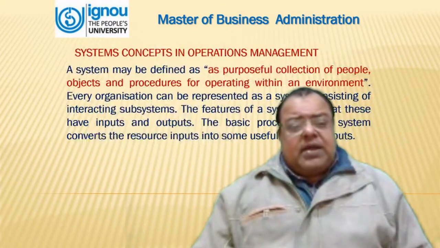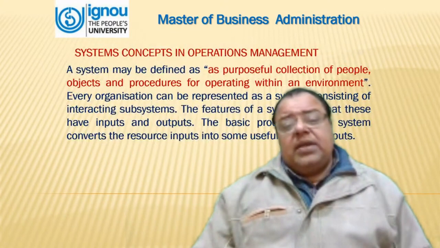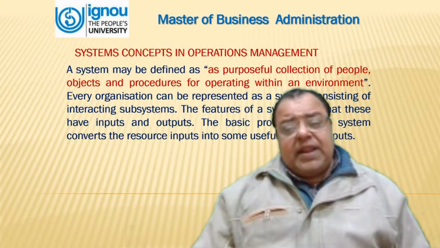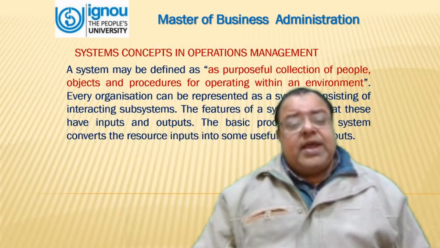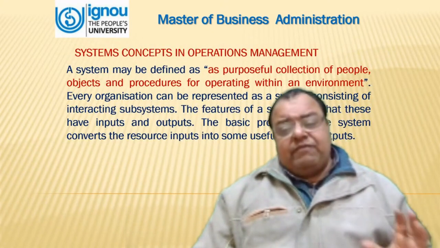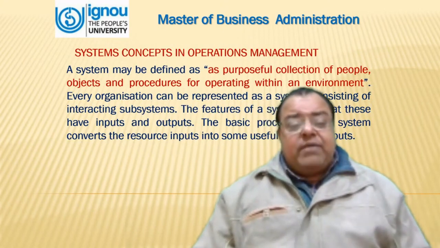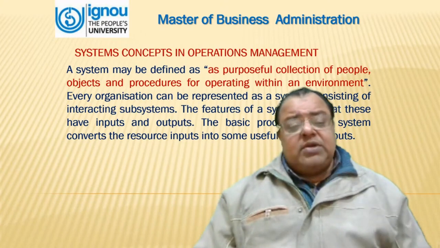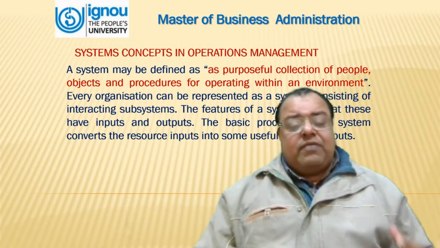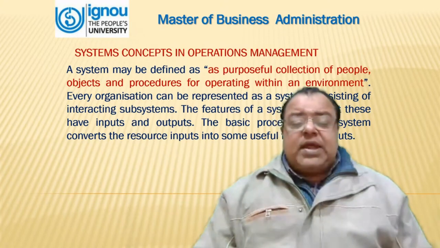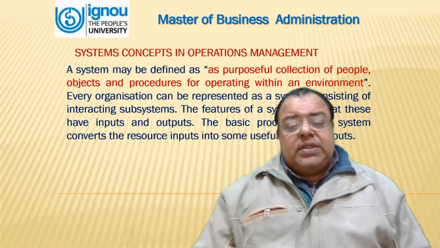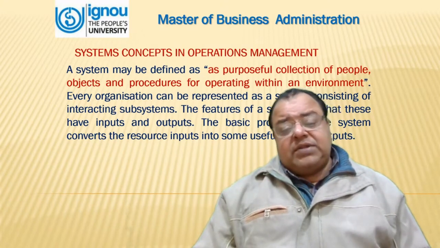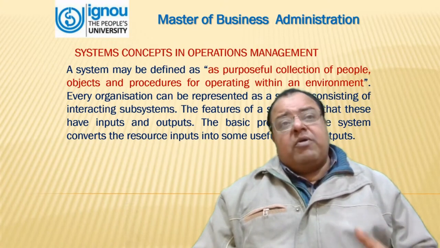System concept in operations management. A system may be defined as a purposeful collection of people, objects, and procedures operating within an environment. Every organization can be represented as a system consisting of interacting subsystems. The features of a system are that these have inputs and outputs. The basic process of the system converts the resource inputs into some useful form of outputs.